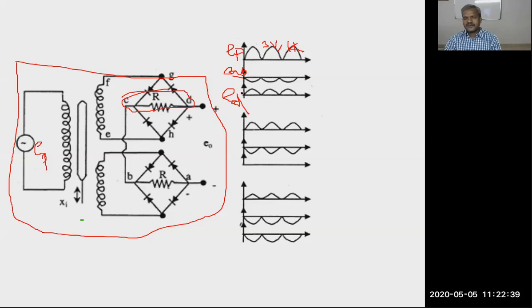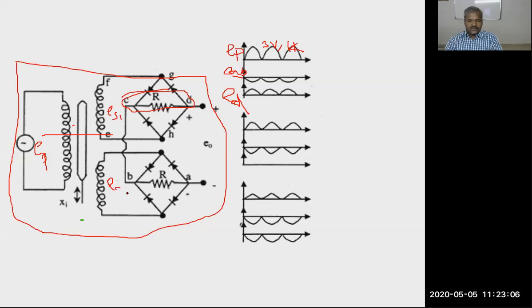So this is the interpretation of the output for various positions of the core. Okay, when the core is at null, at the middle position, we get equal induced EMF in both. Say this is ES1, this is ES2.